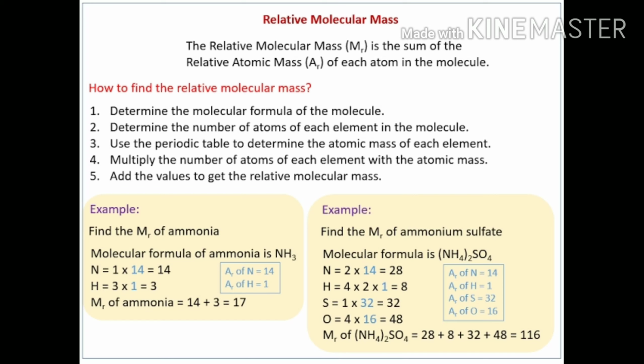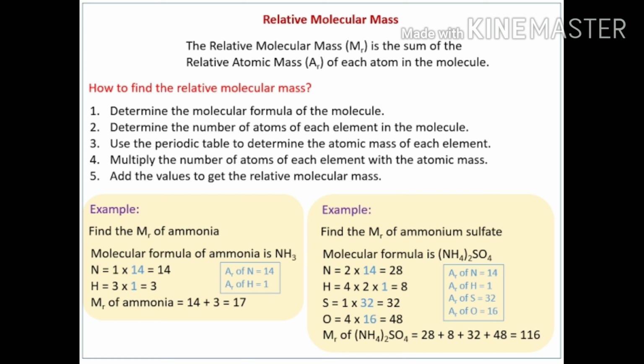Let's see an example. How can you find the relative molecular mass of ammonia? First you find the formula of ammonia. You know that it is NH3. Then you find the number of atoms in ammonia: nitrogen 1 and hydrogen 3.